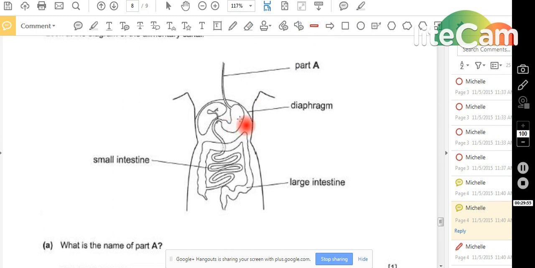When you draw a labeling line, the labeling line is drawn with a ruler, so it's a ruled line. If it's not a ruled line, you lose a mark. Then the label point, where you're labeling it, must be on the organ. If your labeling line goes like that, it's not on the organ, it's somewhere in the middle, you won't get your mark.